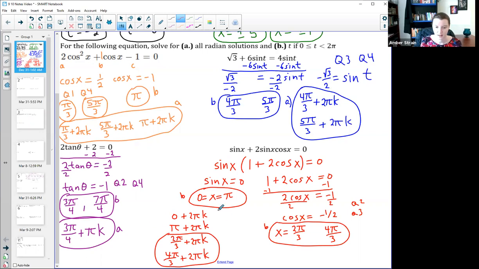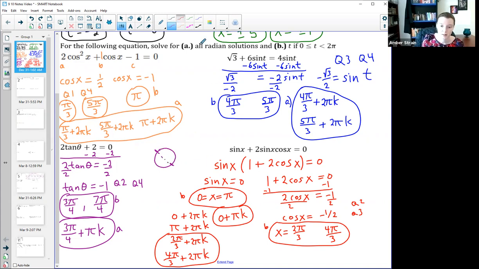This is an answer, but you may notice on XYZ, it doesn't give you those 4 spots because these are evenly spaced. So a more concise way to write these 2 answers right here is instead that it's 0 plus just pi k. They're exactly halfway across from each other, just like these two were. So if you found these two positions on the unit circle, draw them out real quick. So that would have been exactly here and exactly here, halfway across.